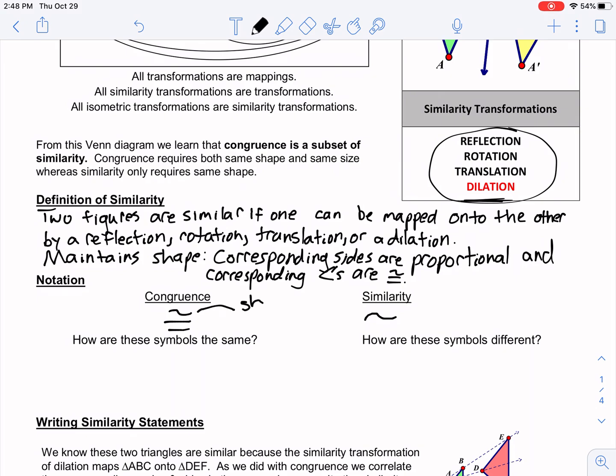We had the same shape, and this meant that the measures were the same size. Now, when we're saying they're similar, we're just saying they have the same shape. So that's why we don't include this equal sign underneath. So congruence, we had the same shape and same size. This guy, we only have the same shape.